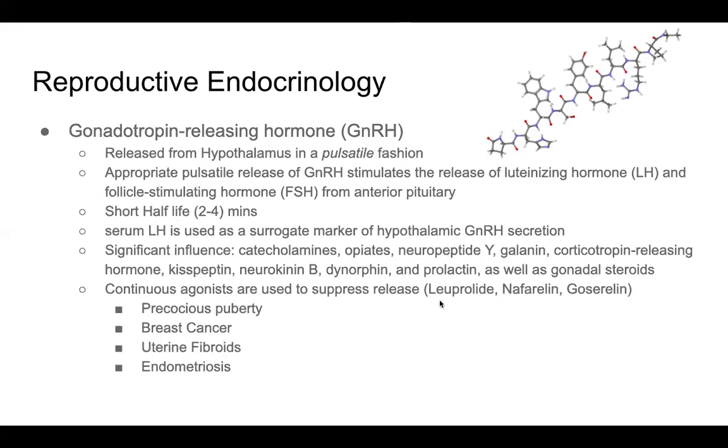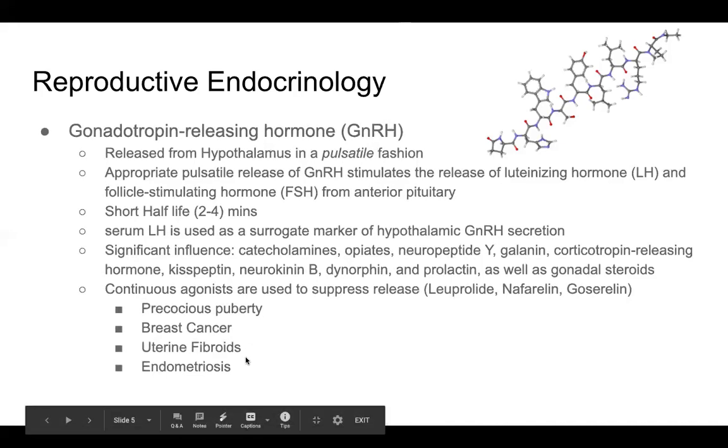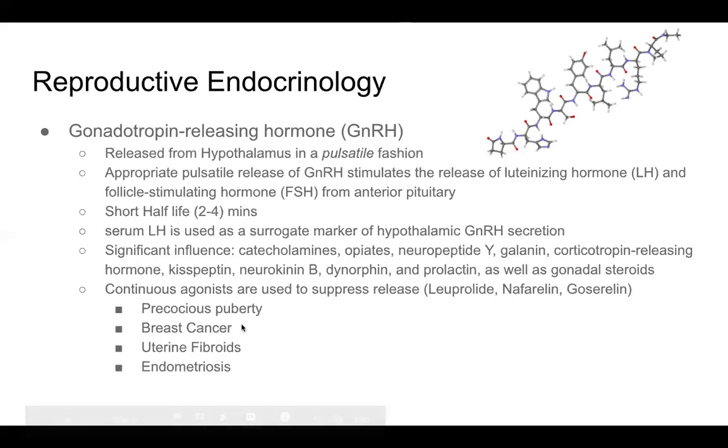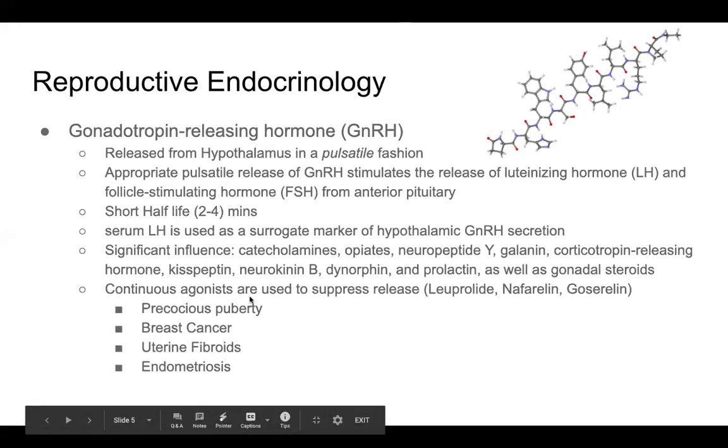The big one, probably most common that people recognize, is leuprolide, which is Lupron. It can be an injection for up to 3 months. It totally disrupts the HPO axis. It can be used for precocious puberty, breast cancer, fibroids, and endometriosis. Essentially it just cuts off the estrogen supply with an agonist, which is fairly interesting.